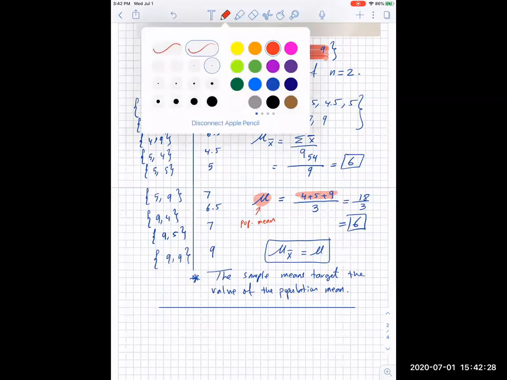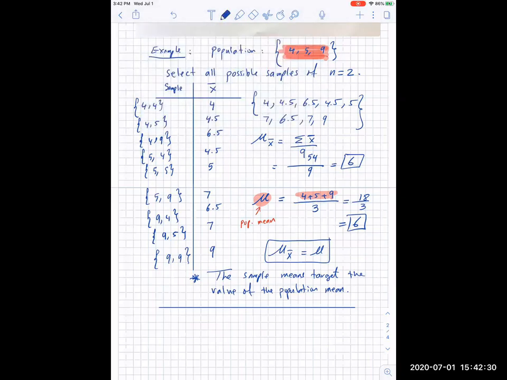Professor, for your X bar values, how did you get those? The X bar values, you're talking about those values? Yes, those are the sample means. Let me show you how I got the first one. See, this is my sample right here.